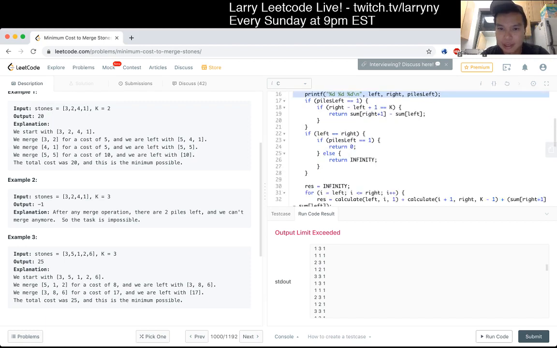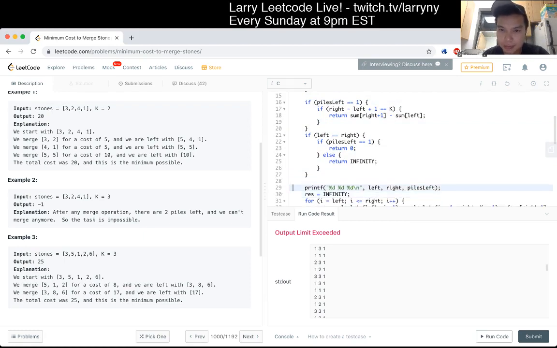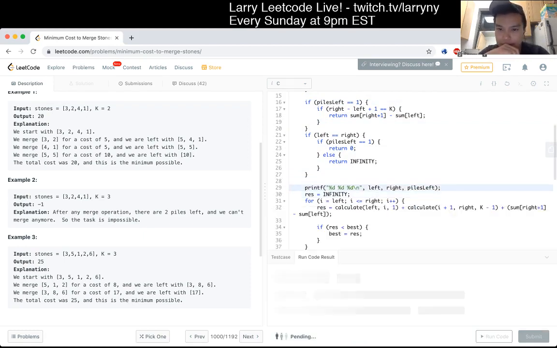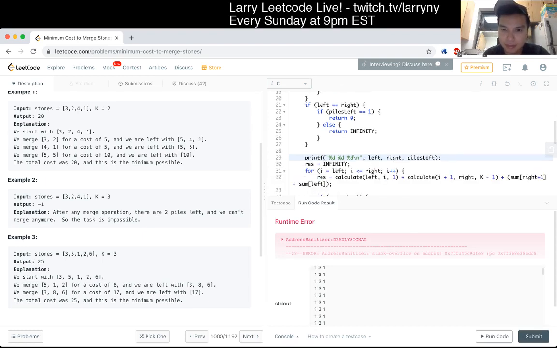Another base case, I think. This doesn't make sense.